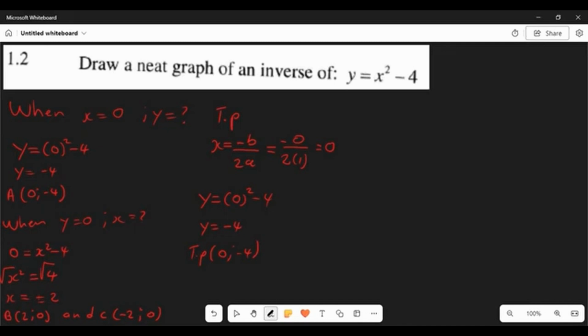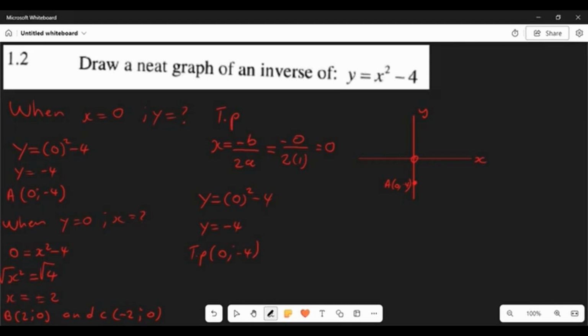So let's continue. When you draw your graph, let's draw our graph. This is not the inverse, by the way. This is actually the original graph. So you have your x-axis and your y-axis and your origin. Don't forget point A, which is this one. On point A, we know that x is 0, but y is negative 4. So this point here, we call point A, and it's also the same as the turning point.